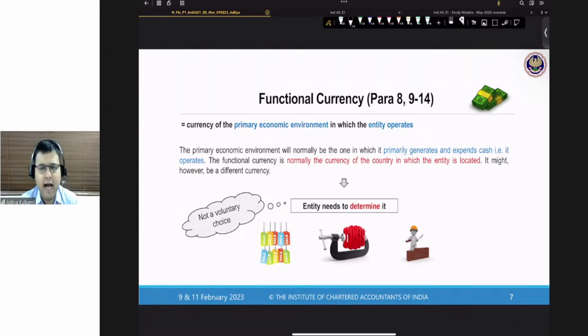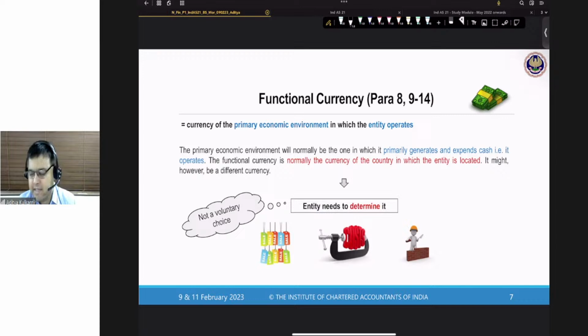AS 11 had a very simple rule. Reporting currency was the currency in which you reported your financial statements. And for that purpose, all entities situated in India had their reporting currency as INR. So your foreign currency would be anything other than INR. But Ind AS 21 does not take that approach.